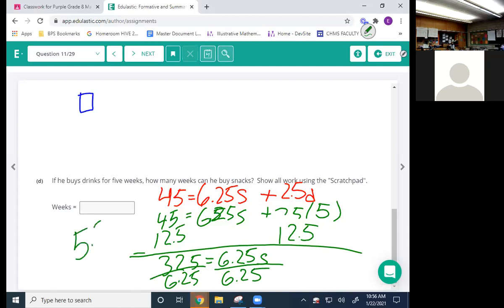He can buy snacks for 5.2 weeks. No? Ian, what do you think? Good. Yes. Okay. So let me just give me 1 second, Connor. So 5 weeks. Okay.